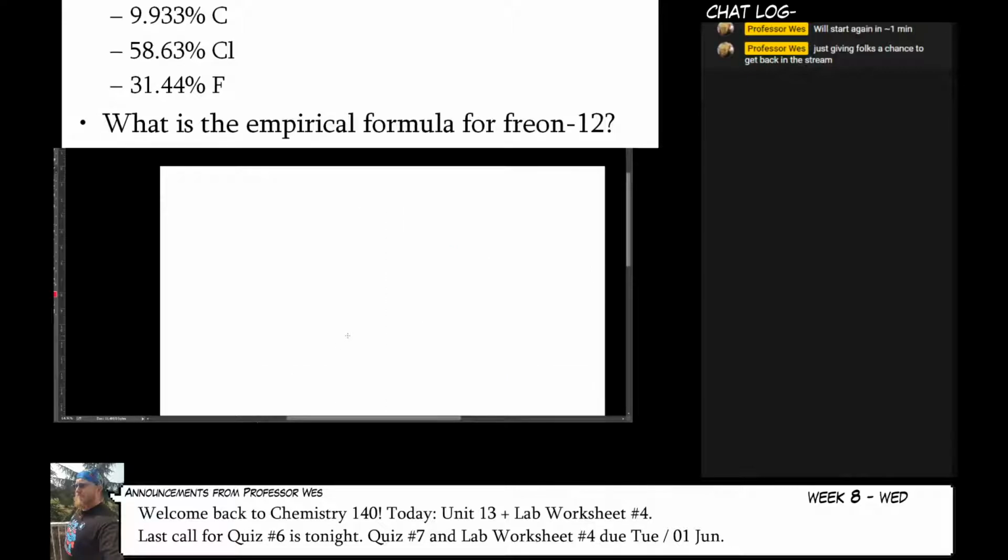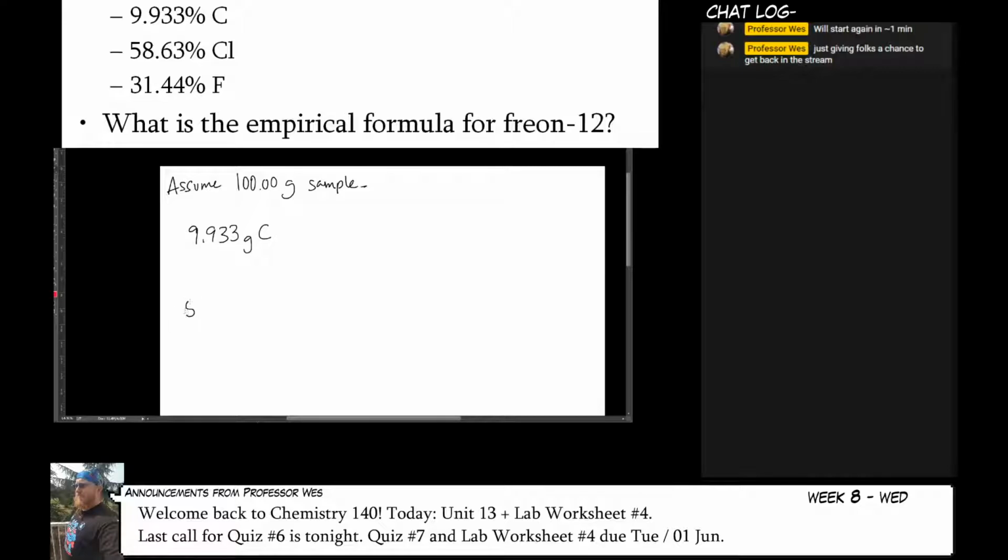If you're doing an empirical formula problem and you have a mass percentage, the first thing that you should assume is that you have a sample that is 100 grams. If I have 100 grams, then 9.933% of that would be carbon, or in other words, just that number.